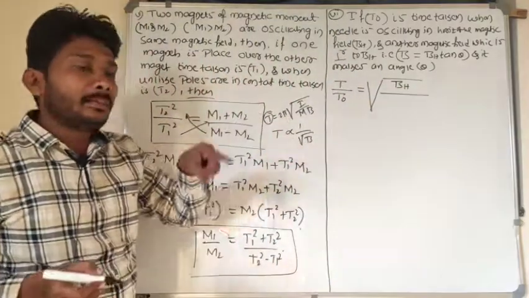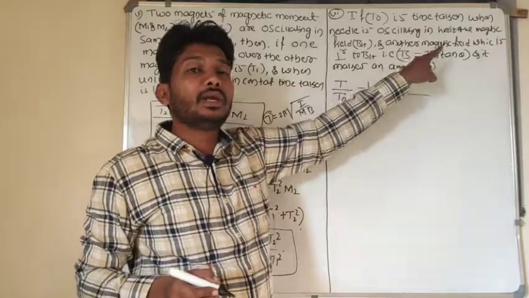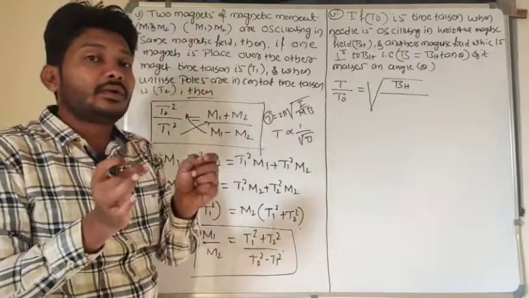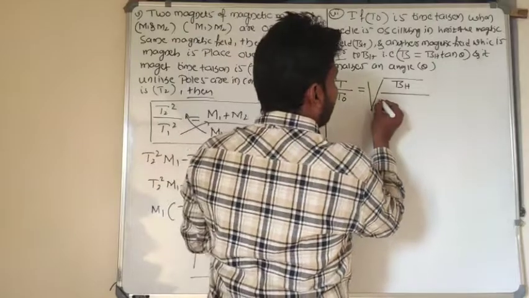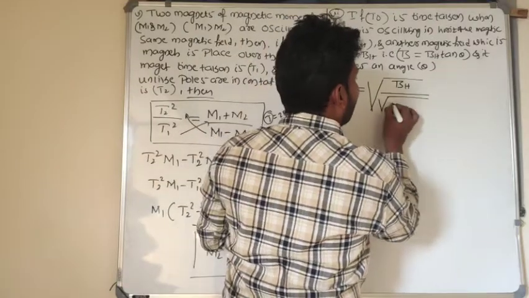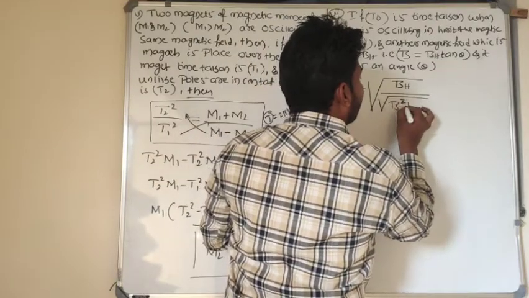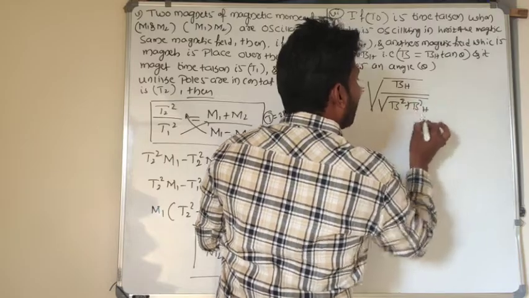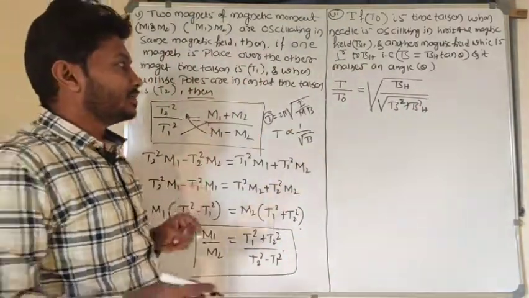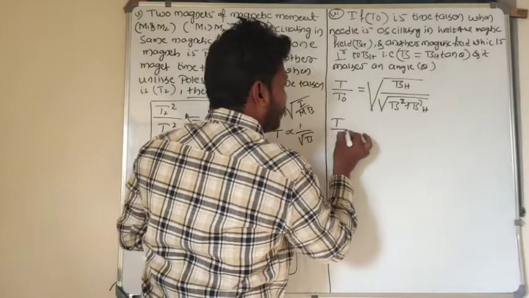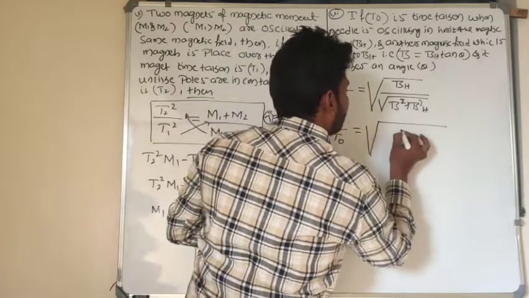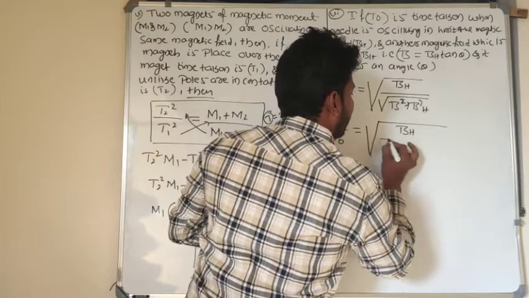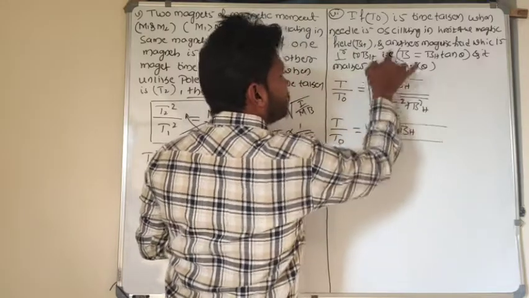When another magnetic field B which is perpendicular to B of H is present, then I can find out the resultant magnetic field here. What's that resultant magnetic field? From the resolution of vectors, square root of B square plus B square of H. Let me simplify this equation. B of H divided by B means what?